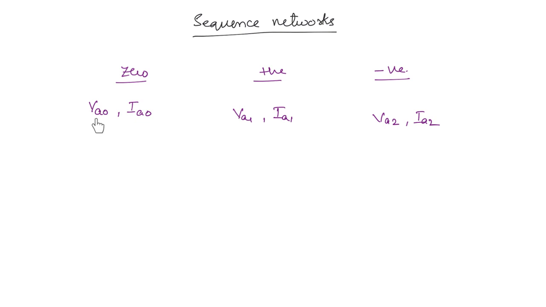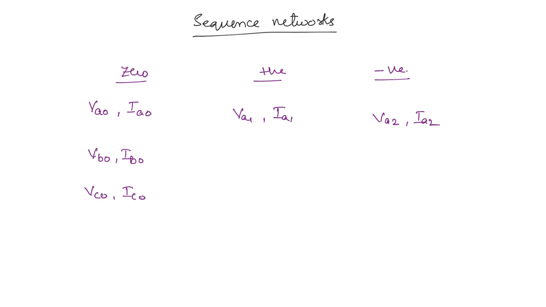whatever circuit you are going to get for A phase, the same circuit you will also get for the B phase, VB0 and IB0. The sequence network relating these two is going to be the same as that of these two quantities. Similarly for VC0 and IC0, just like per phase circuits in a three phase balanced system.